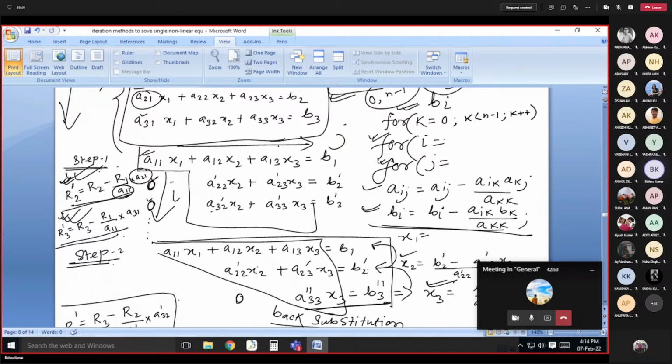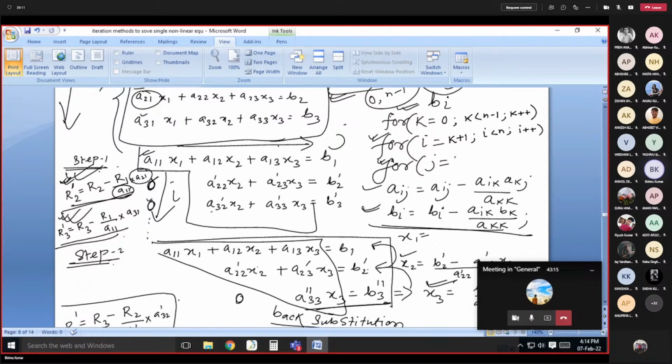And in the first step, it will calculate k plus 1, means not the 0 row, means the first row. k plus 1, i less than n, all the variables, i plus plus.